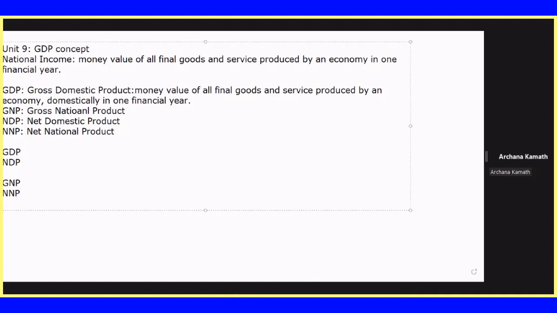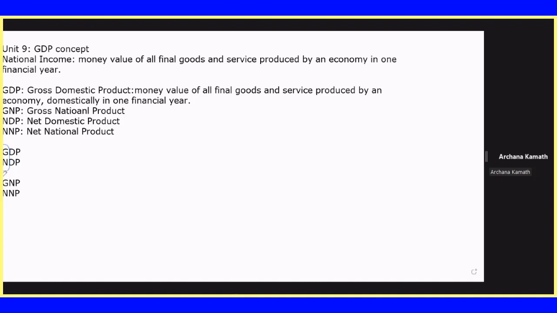Can you see that the difference here is in terms of G and N? The other two terms are the same: domestic product is the same for the first part, national product is the same for the second part. Gross domestic product and net domestic product on one hand; the difference you can identify is gross and net.